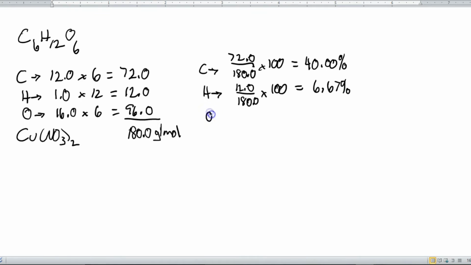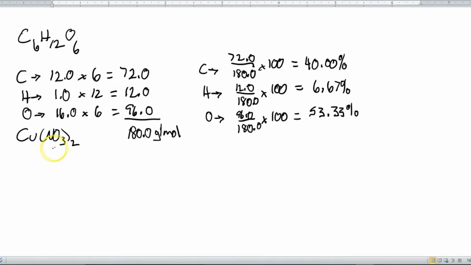And then oxygen is 96.0 divided by 180.0 times 100, and that comes out to be 53.33%. So we have now successfully calculated the percent composition of carbon, hydrogen, and oxygen as they create glucose.